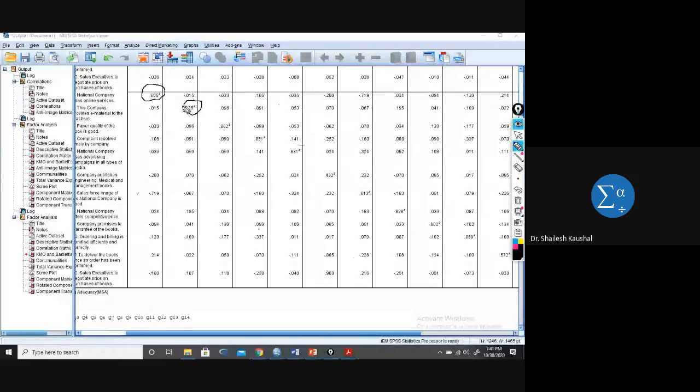Is question number one greater than 0.5? Yes, sir, its value is 0.606. Which column, sir? I have drawn a circle through this. Can you see the circle? You are seeing it column wise, right? Yes, column wise. I was seeing it row wise. Okay, sir. No problem, sir.